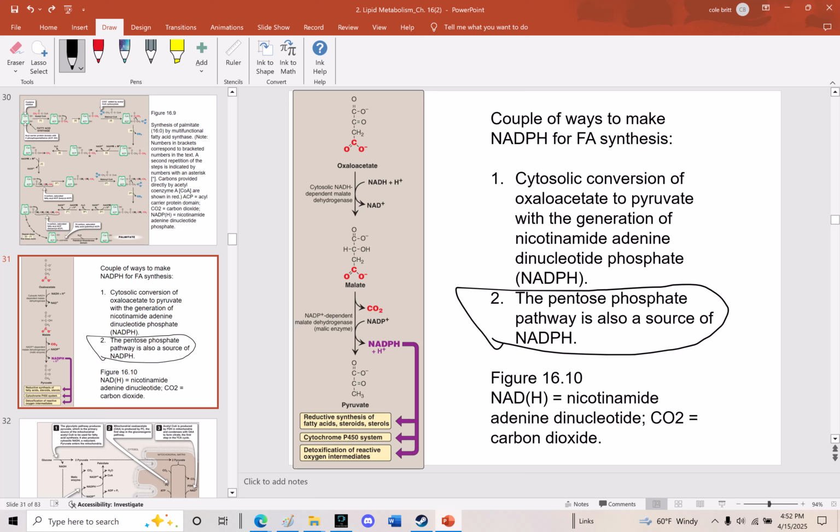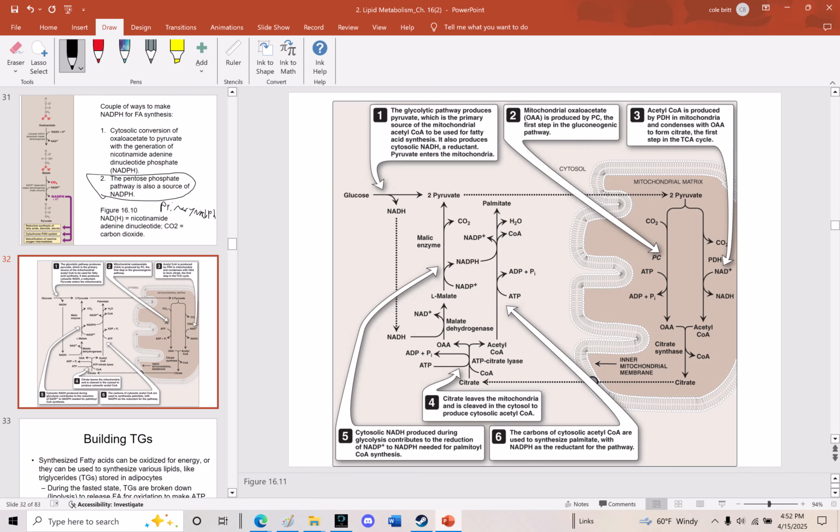I have no idea what this slide is. Oh, great. This is showing citrate and how citrate can go out and make acetyl-CoA. Remember that I told you didn't have to know that. And it's also showing you how we can take pyruvate, or we can take malate from pyruvate, and make NADPH.